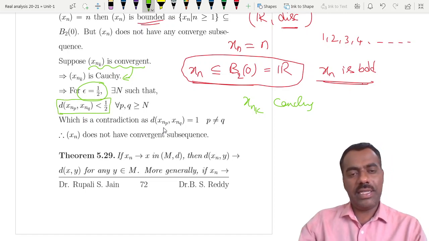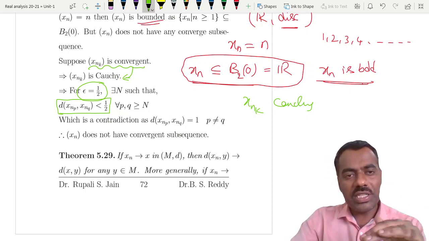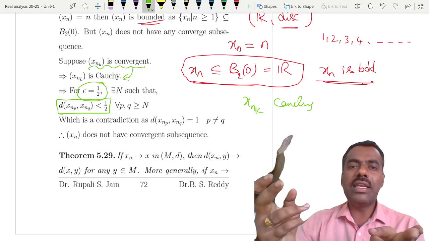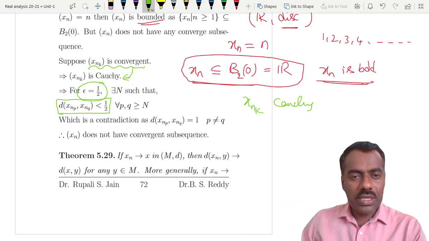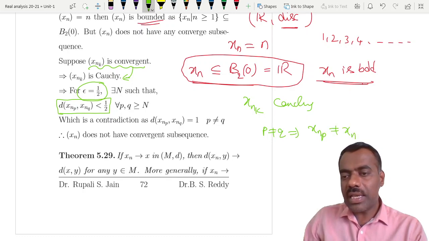Okay, but whatever stage it may be, how is the distance defined? If those two values are different, then their distance is 1. If their values are equal, then their distance is 0. So here, if p is different from q, then xnp is different from xnq, because our xn is n.